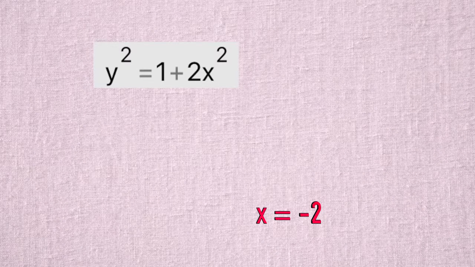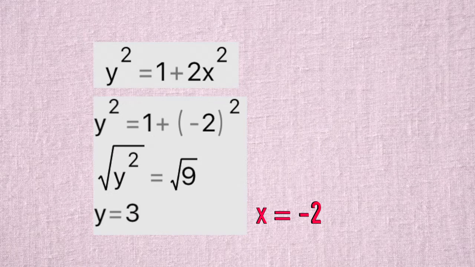Since the value of x is 2 and the value of y is 3. I forgot to tell a while ago that once you found the value of x, you need to use it in a positive value and also in a negative value. That's why we will also substitute the value of x in a negative form, which is x equals negative 2, into the equation y squared equals 1 plus 2x squared.